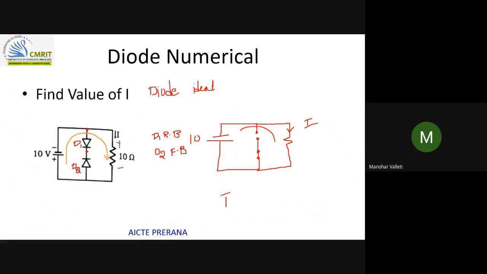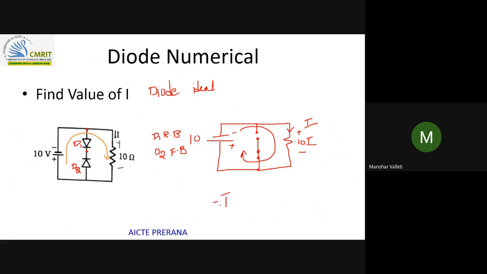So your current direction is like this. So how will we write the equation? So this is plus polarity, minus polarity. The voltage across here is 10I, right? In this loop, this is plus and minus. I will always consider the second sign.